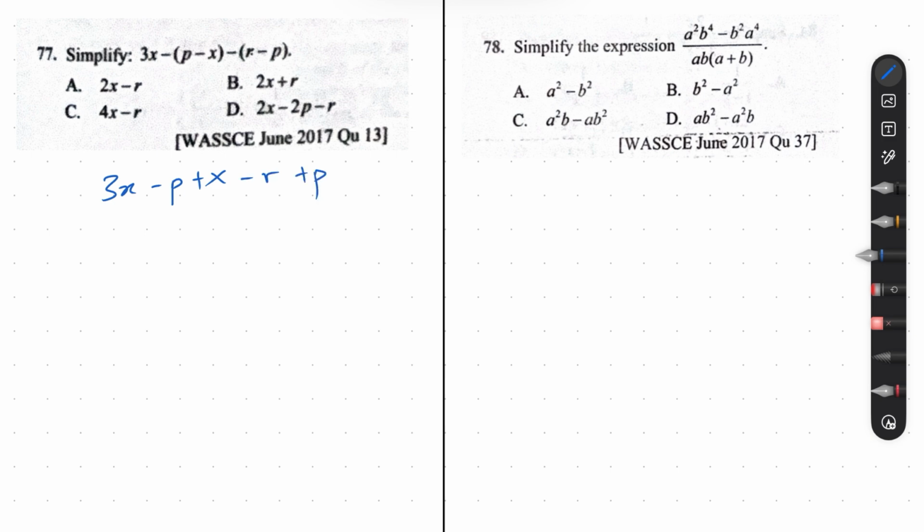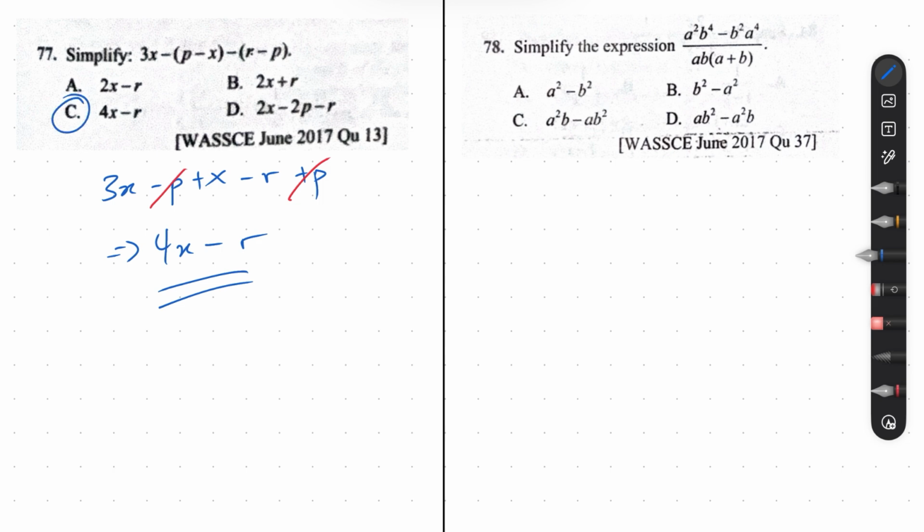Because the negative affects this negative, it becomes positive. So now we can simplify. Negative p here cancels positive p here. Then our final answer is 4x minus r. Do we have it? Yes, we have it, which is C.